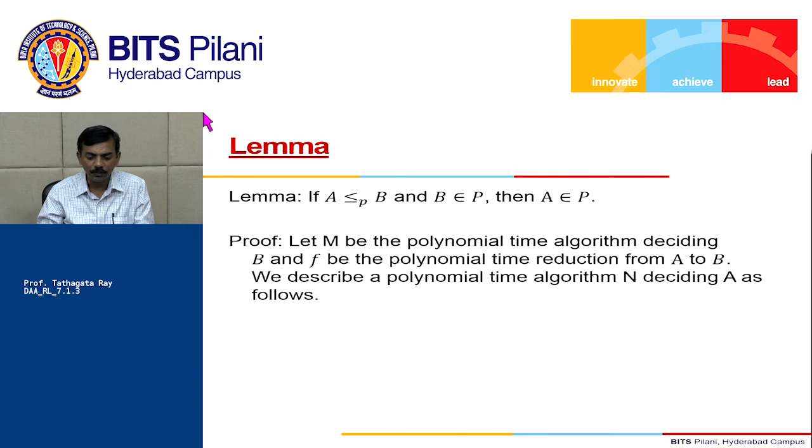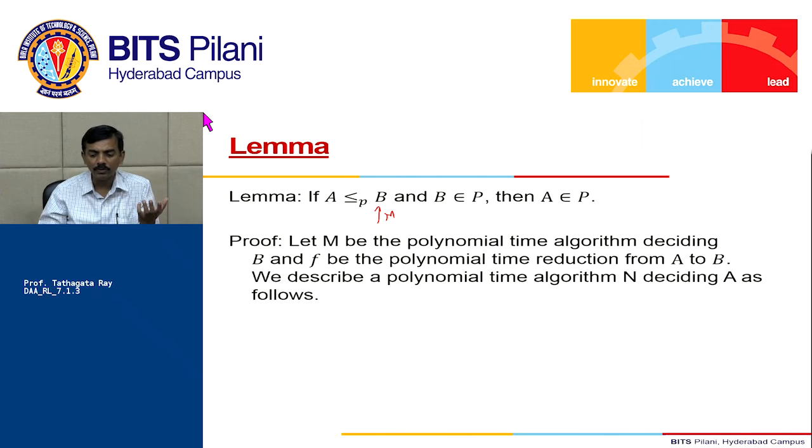Let M be the polynomial time algorithm deciding B. So let's say we have an algorithm M to decide B. Since B belongs to P, deciding means that given any input string for the language B, which is a decision problem, it will say yes or no. M is the algorithm which accepts the language B, and it can compute in polynomial time.